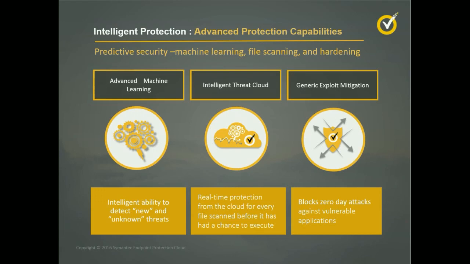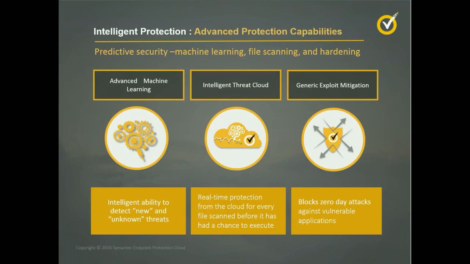Again, this is even without any sort of signature or without having seen a new variant or a new version of malware of this particular type. But based on this machine learning intelligence, we can identify successfully and also with a very low false positive rate these new and emerging threats and block them before they have a chance to execute.